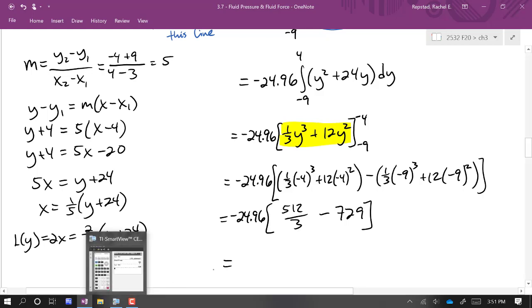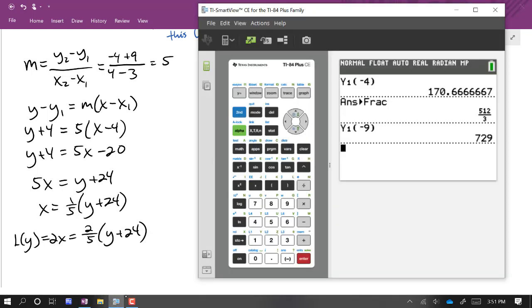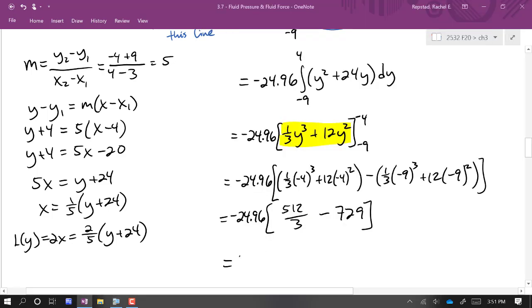And now we got one more thing just to compute here. -24.96 times 5/12 minus 729. That gives us 13,936. Now this is force.